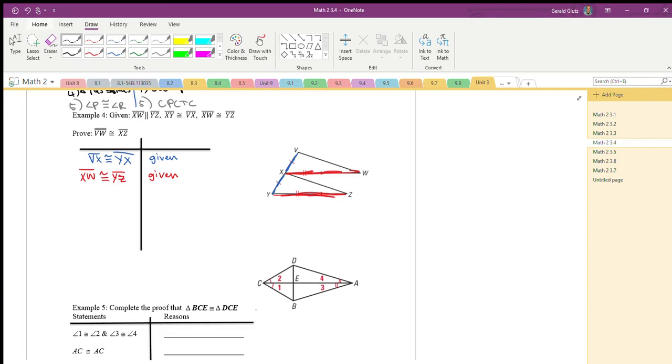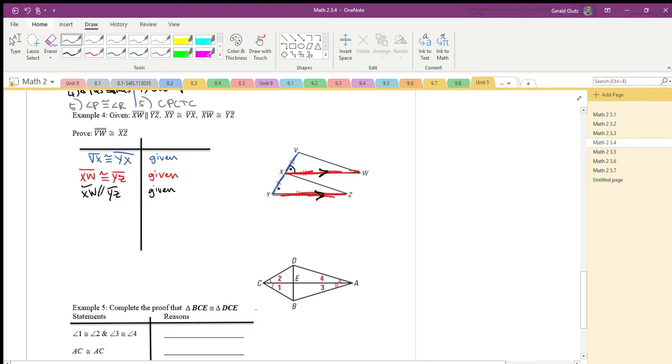So also given is XW is parallel to YZ, which is going to be important because if XW is parallel to YZ, then we know that this angle and this angle are corresponding.